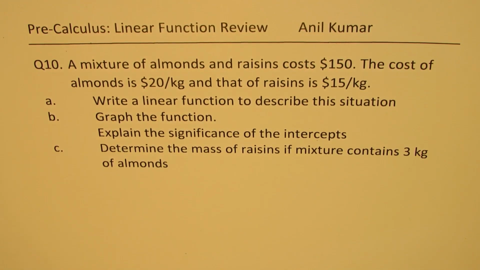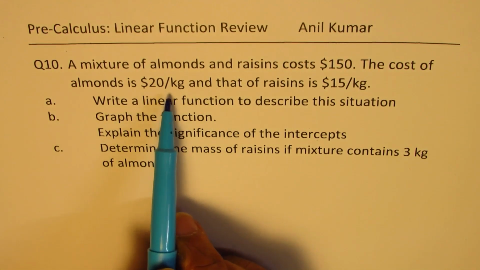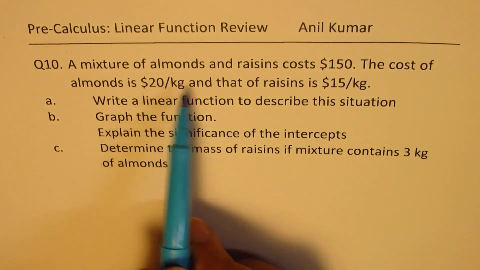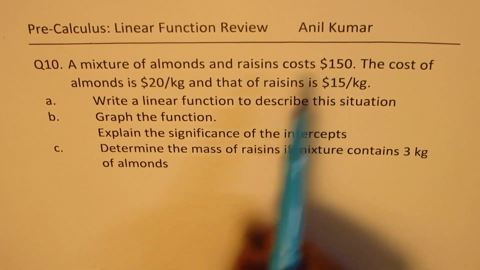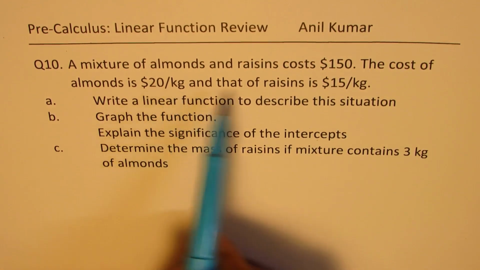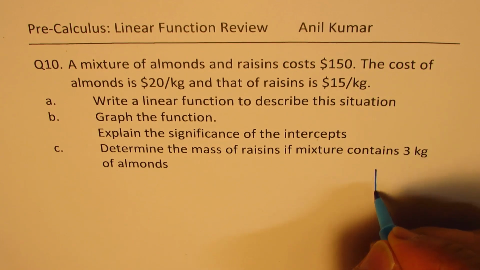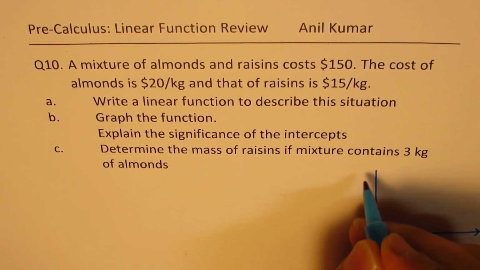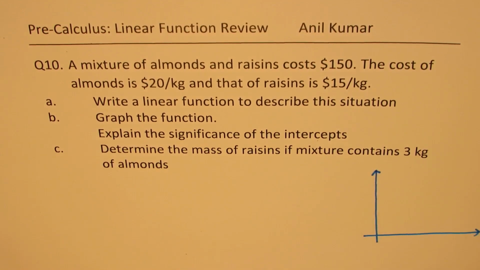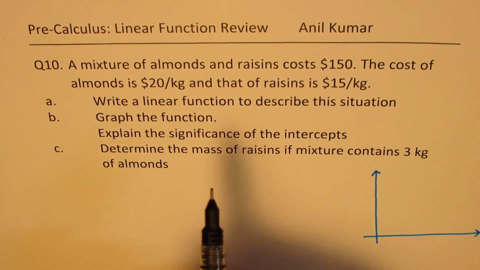Now this is a kind of review of what all we have learned in this. So we are given a practical situation. We are mixing up two things and getting a cost, in this case, of $150. It's like a weighted mean, right? Let's try to understand how to solve such a question. So from this concept, let us say we have A amount of almonds, right?